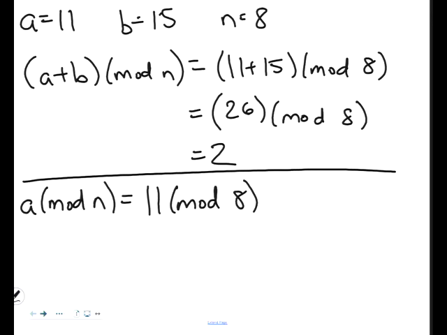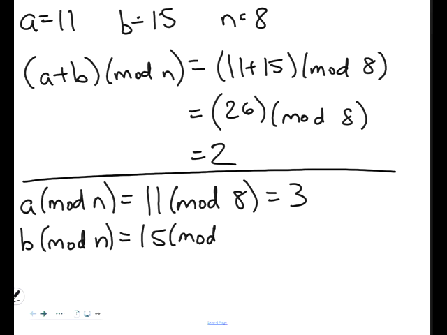There's 1, and the remainder is 3. We can get b mod n. Again, b is 15. Take our mod 8. How many 8s are there in 15? 1, and what's our remainder? 7.